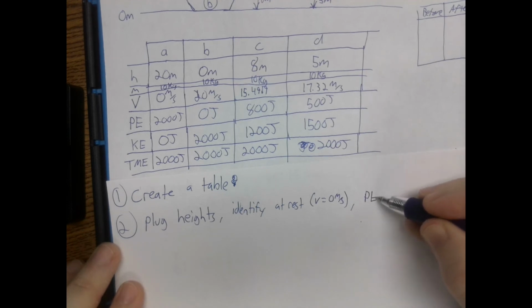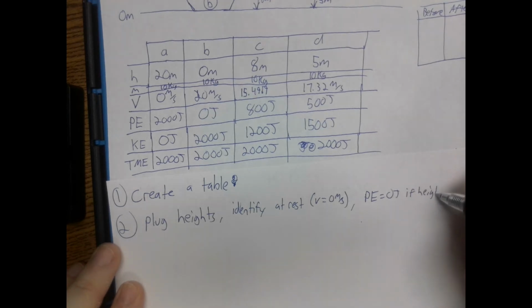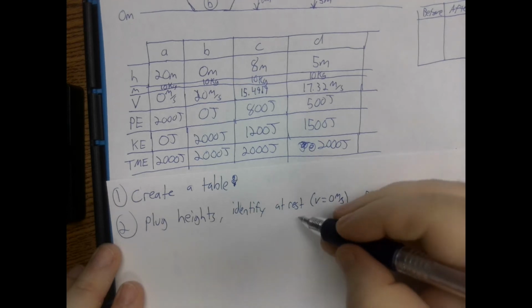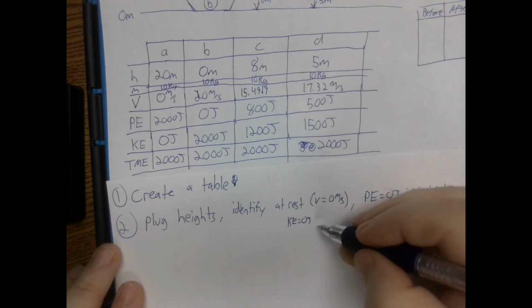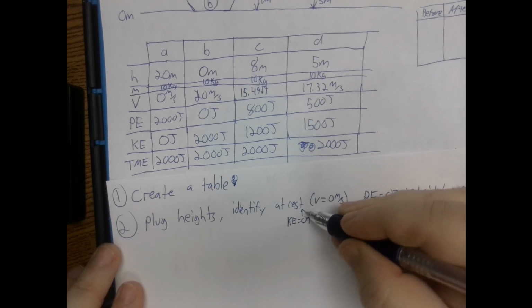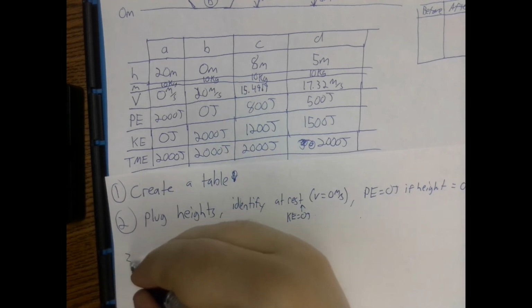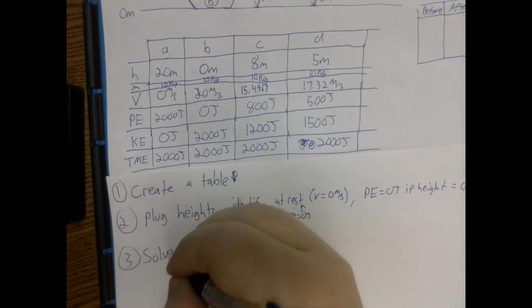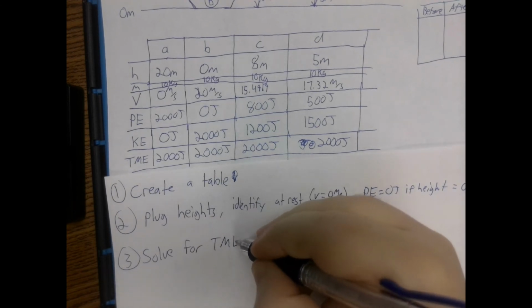Potential energy is equal to 0 joules if height is equal to 0 meters. Kinetic energy is 0 at rest.